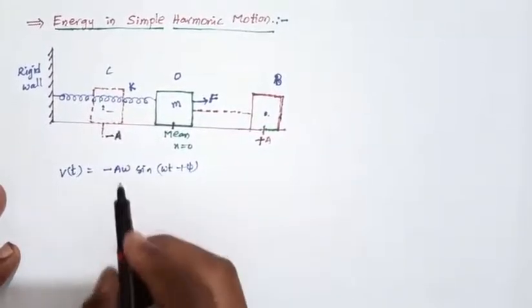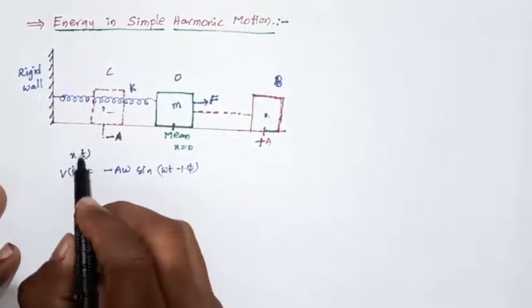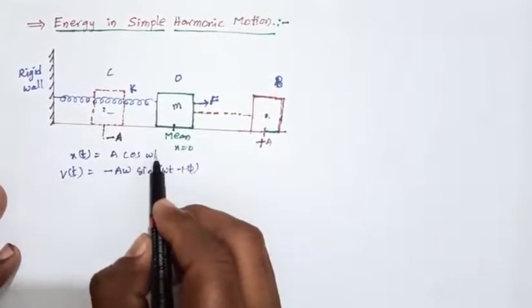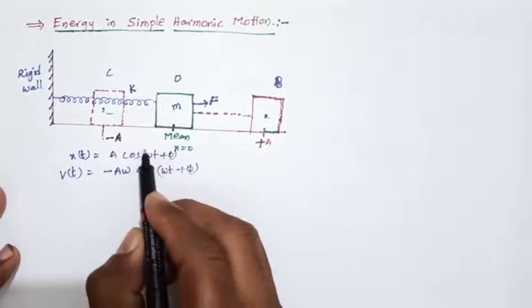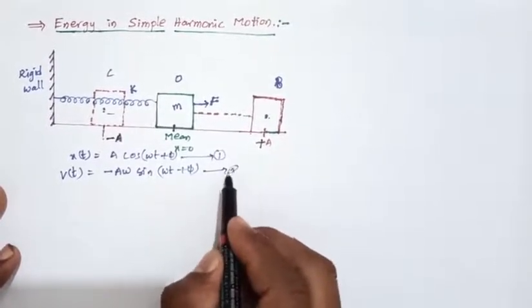Again, what is the displacement equation? x of t equals A cos of omega t plus phi. Take this as equation number 1 and this as equation number 2.